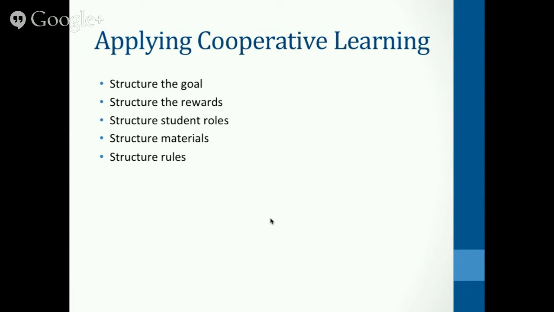That would be an example of reactive autonomy. An example of proactive autonomy in that situation would be letting students know in general what their roles are as learners in a cooperative learning situation, what they need to accomplish, and just letting them go from there.